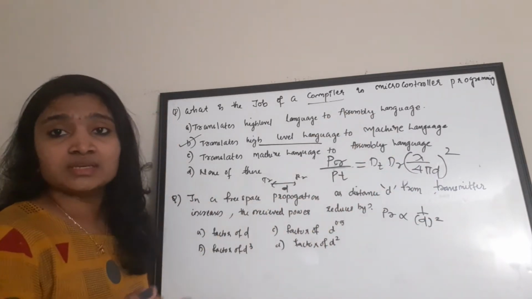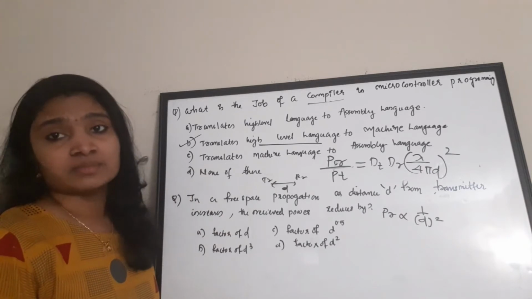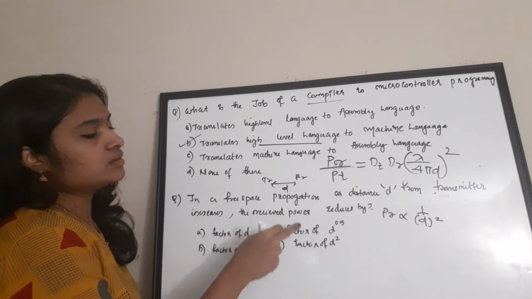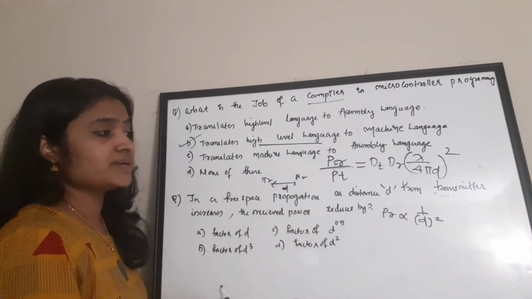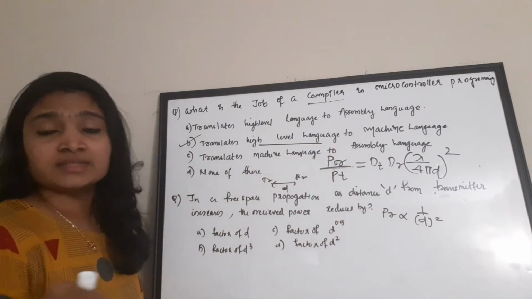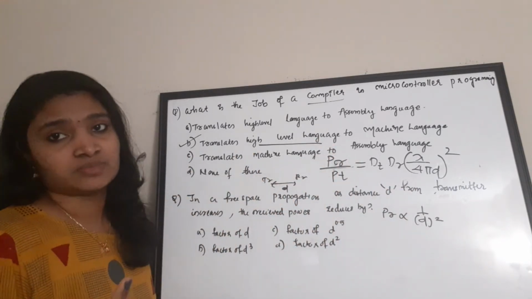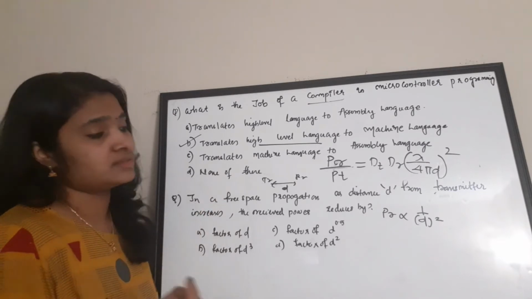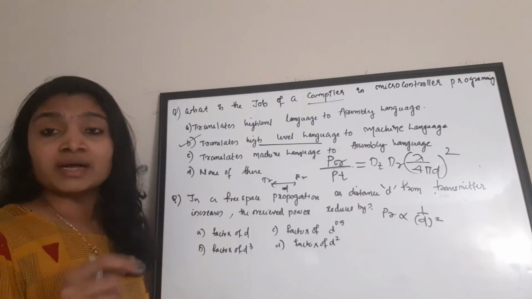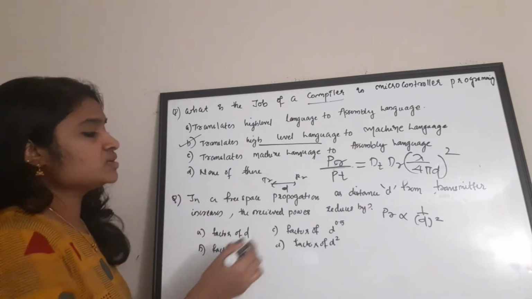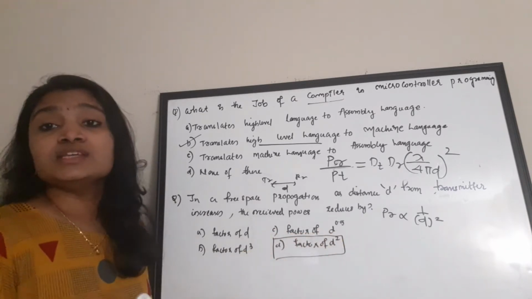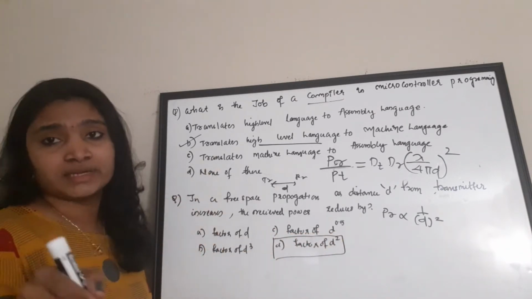When PR is proportional to 1 by d square, it means it is reducing d square times. That is inverse proportionality. So when d is increasing, PR is reducing by d square times. Okay, so the correct answer here is by a factor of d square, because it is having a square relationship.